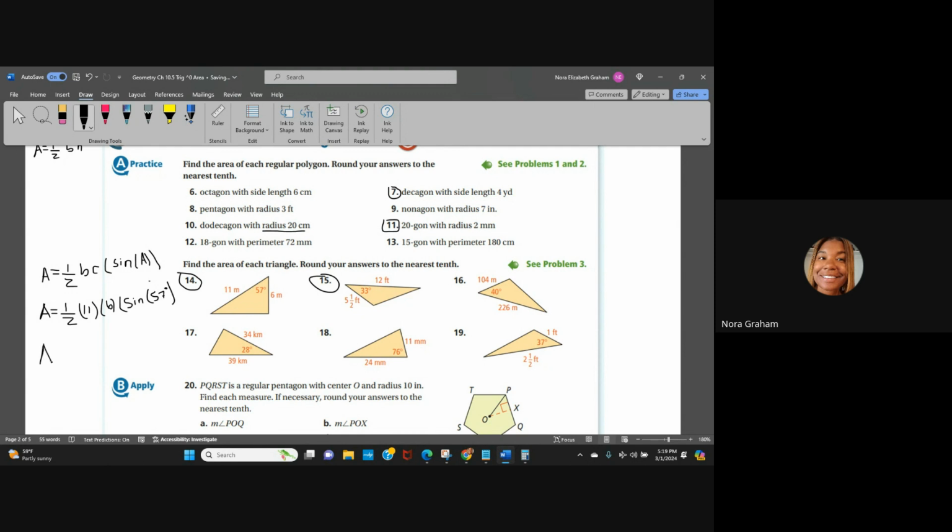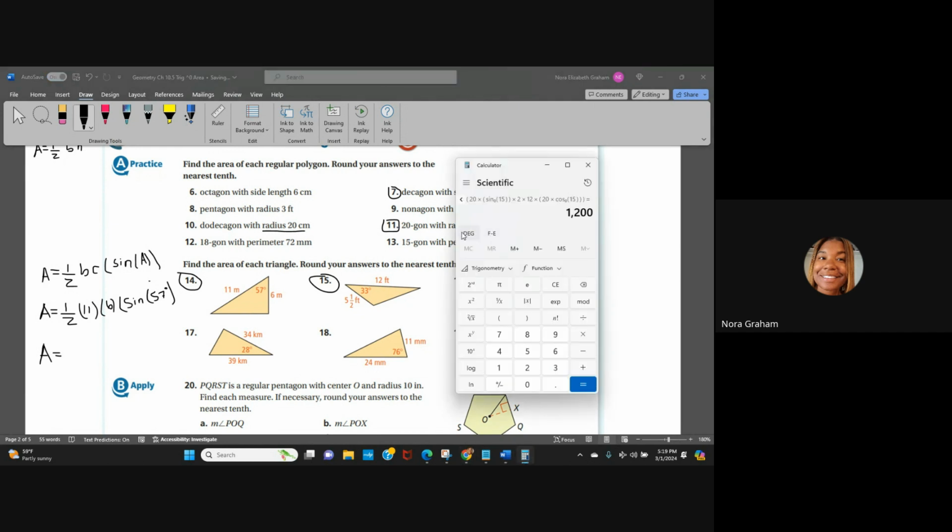If you put this in your calculator, again, it's all multiplication with this one, so it shouldn't be that hard to put in your calculator. The answer you will get, I didn't write down the answer, so let me put it in my calculator.